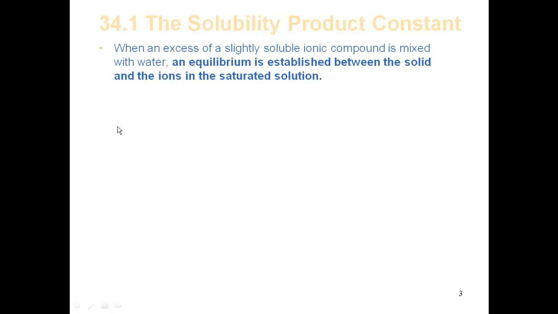When an excess of a slightly soluble ionic compound is mixed with water, an equilibrium is established between the solid and the ions in the saturated solution. So basically, if you have a container and you're adding a substance to it, it's going to dissolve and form ions into that solution.